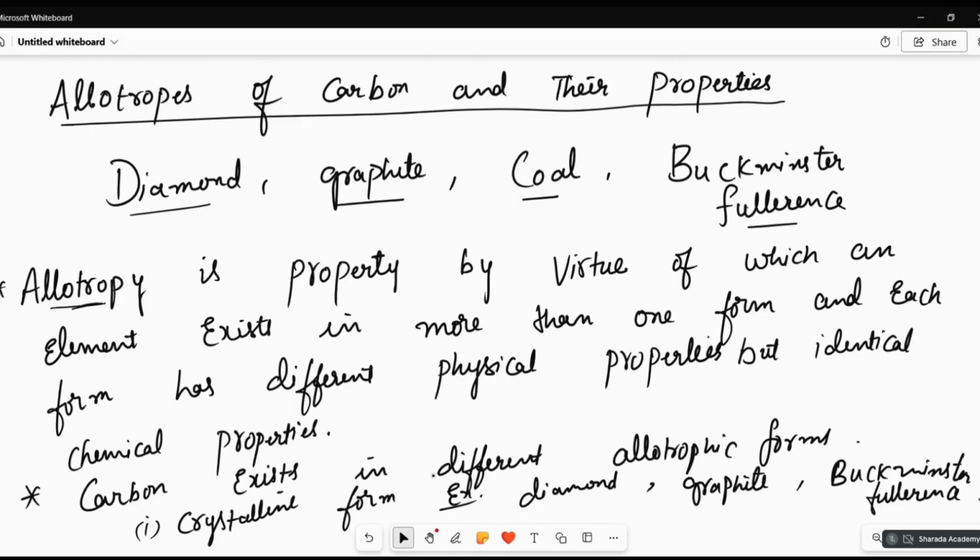Buckminster is the name of the scientist who found it. In Buckminster fullerene, that is carbon C60, it contains 60 carbon atoms together in the crystalline form.